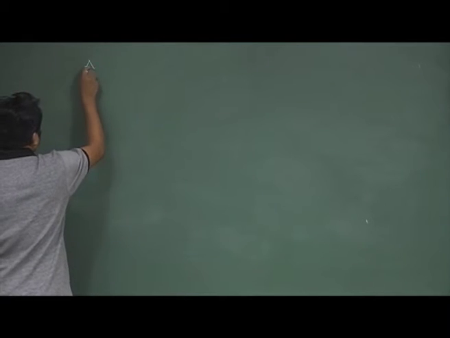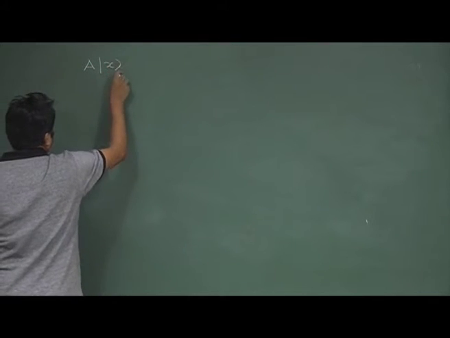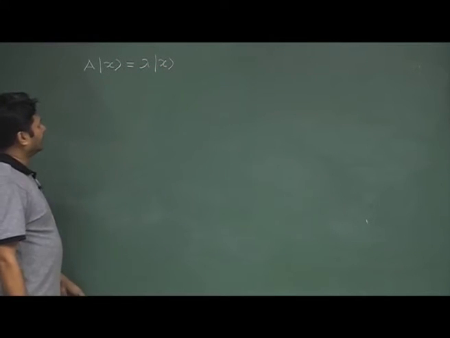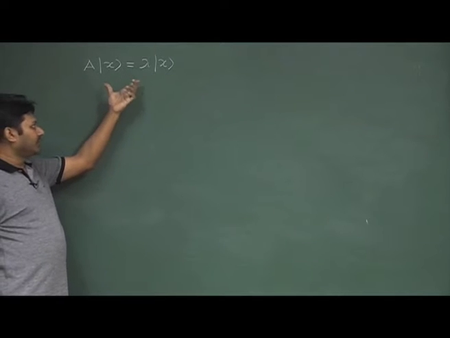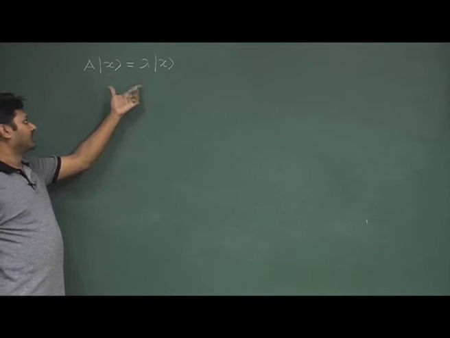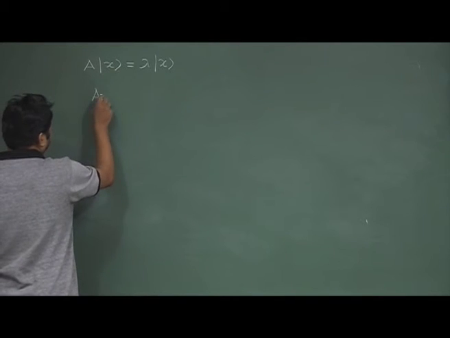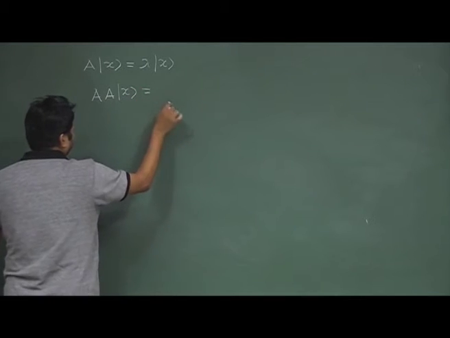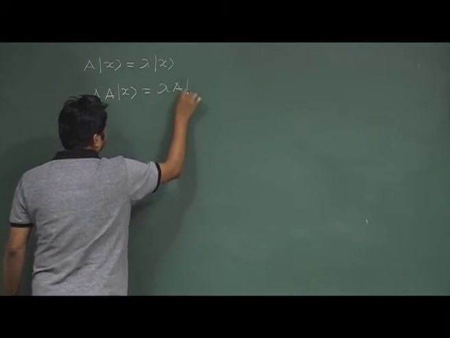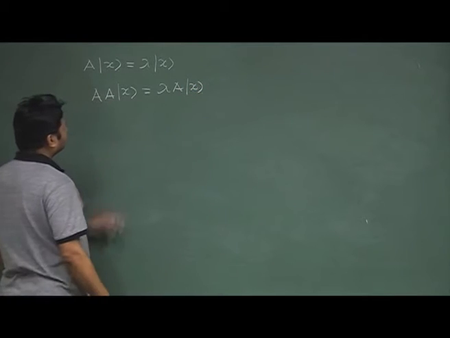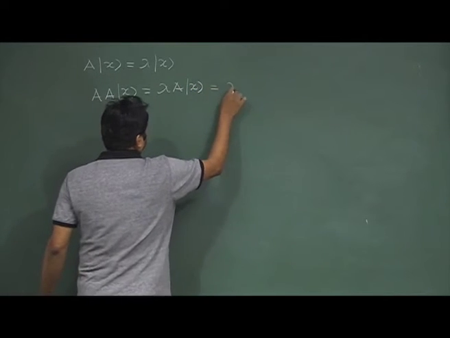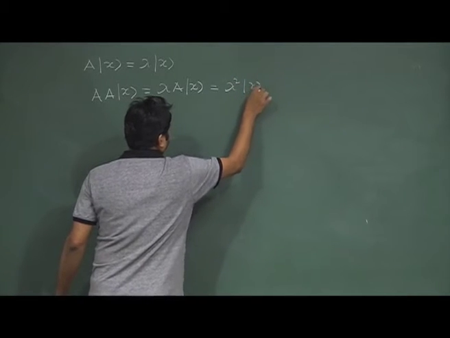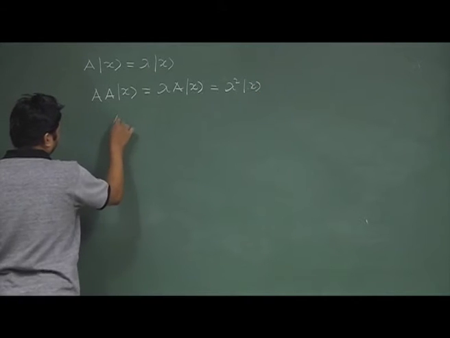If a matrix, this is quite simple, but still I believe this is the eigenvalue equation. From this eigenvalue equation we can get much information. For example, if I operate with A on both sides, then it will be lambda square x, and this is nothing but A square.